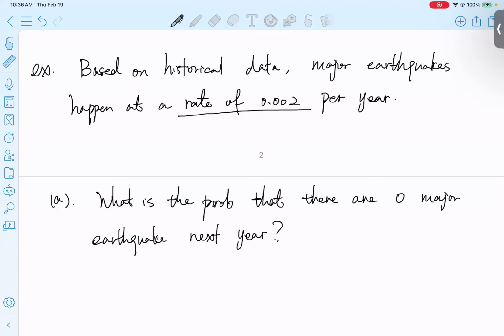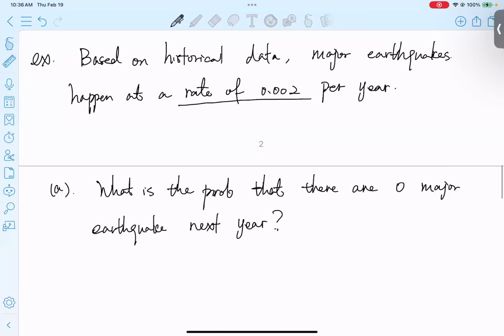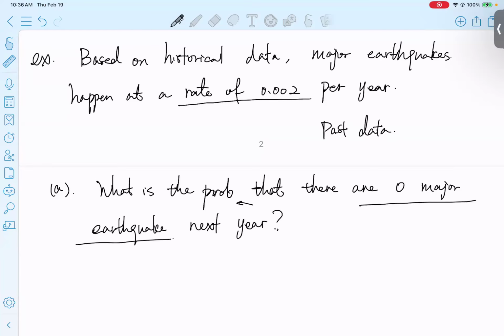Okay, so here you can consider them as past data or the prompt from the question. And here we are interested in the probability, which means we need to do some calculation. We are interested in the probability of 0 major earthquakes.